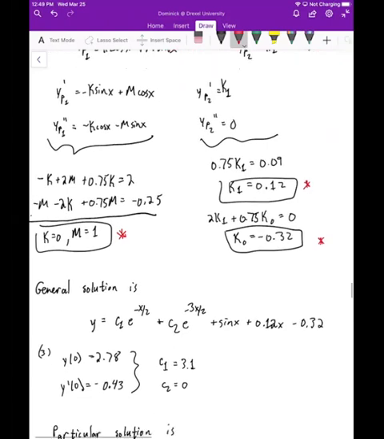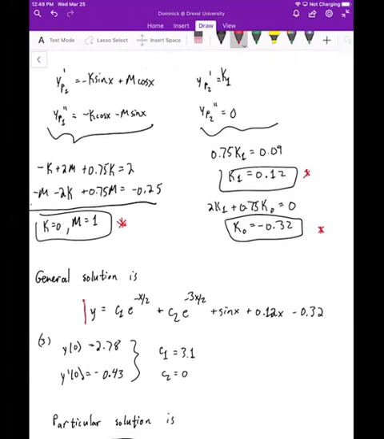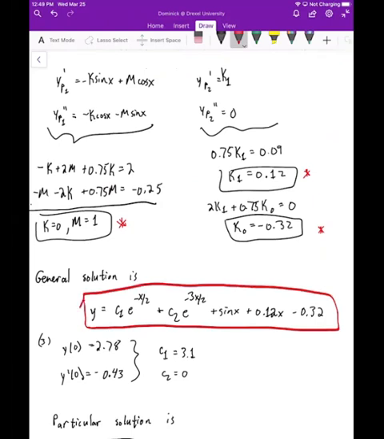So then that gives us the general solution given here. Right? So again, this first part came from y sub h, and this second part is y sub p.